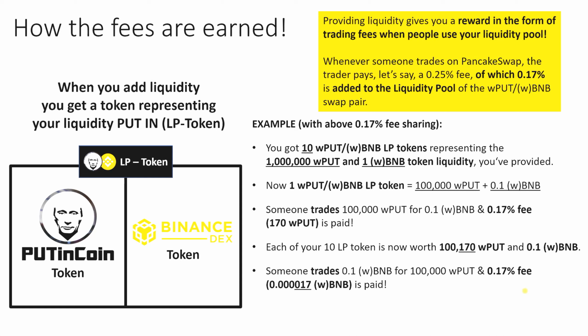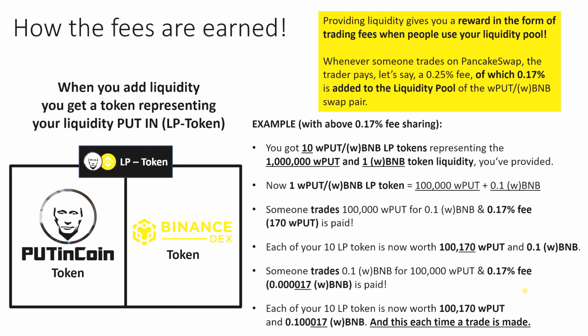If you put it together, it's 100,170 WPUT and 0.100017 WBNB. It's multiplied by 10, of course, because you have 10 LP tokens.